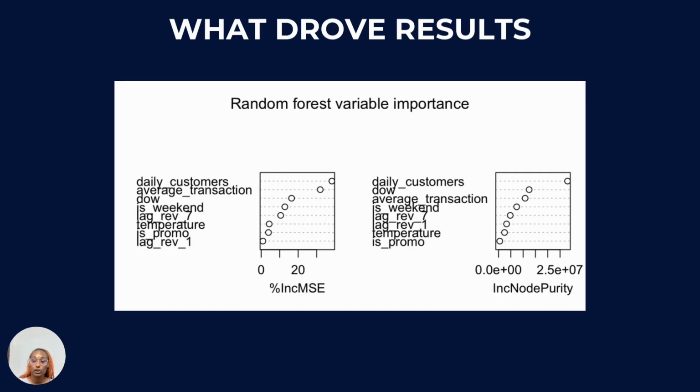The top predictors were daily customers, weekend effects, average transaction value, and Tuesday promotions. The linear model quantifies lift in plain numbers. The forest confirms the same drivers and captures mild nonlinearities, like how temperature interacts with day type. This gives us both clarity and accuracy, which is what we need to run the operation week to week.